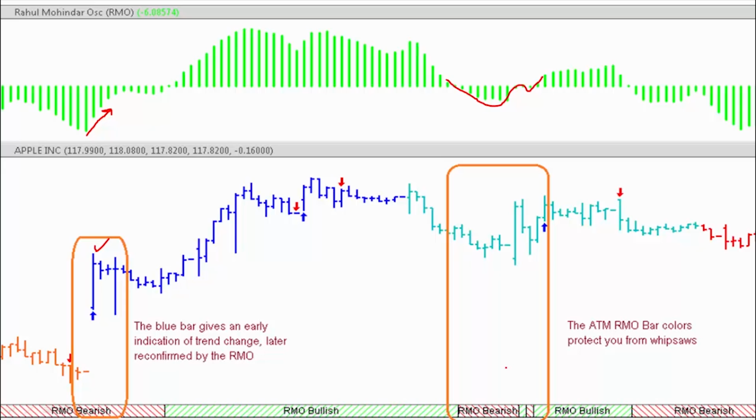It's clear that the ATM RMO template takes MetaStock's inbuilt RMO system to an all-new level of success. It definitely works as a superb filter where it cleans out a lot of the choppy patches for the RMO, but also can come in as a first-hand indication of trend change.